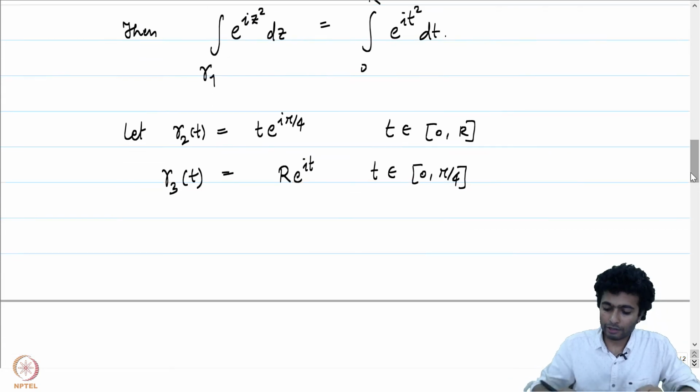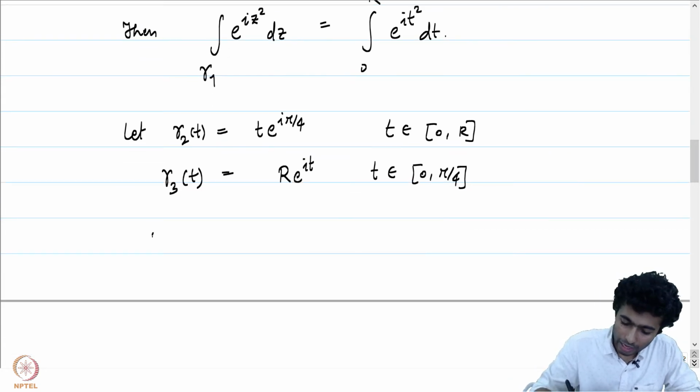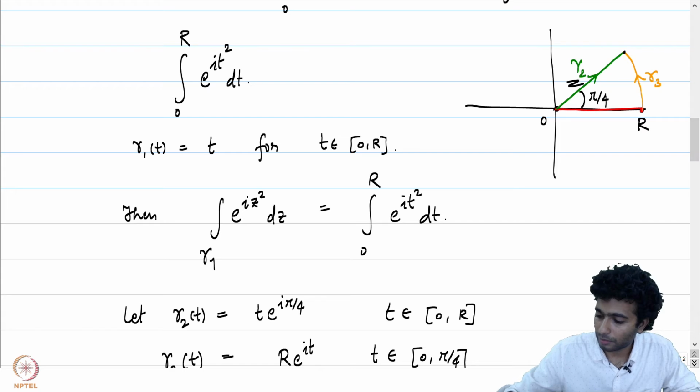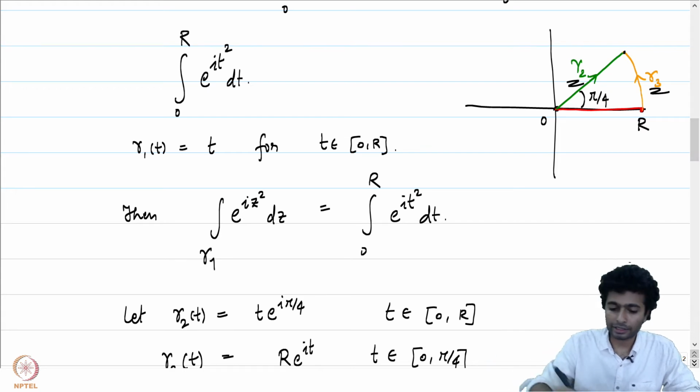Let's look at gamma 2 plus minus gamma 3, that is gamma 3 traversed in the other direction.